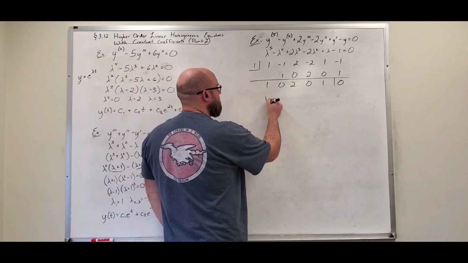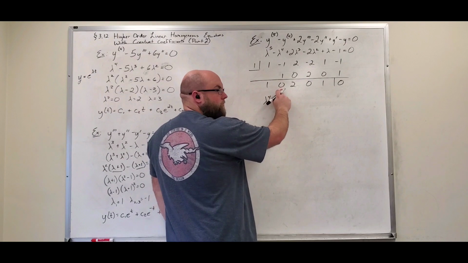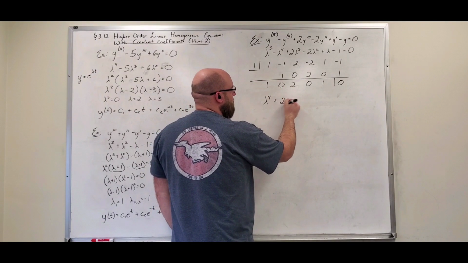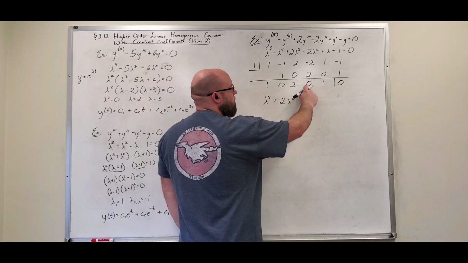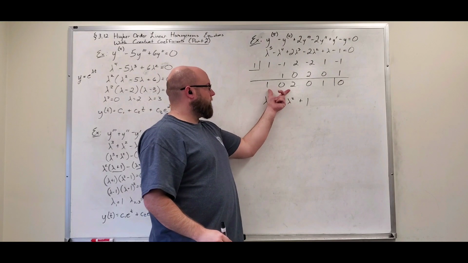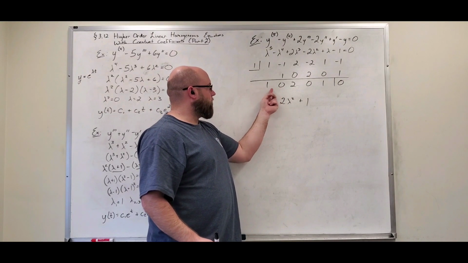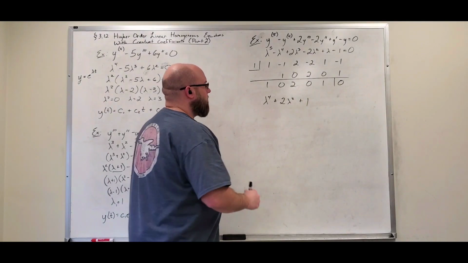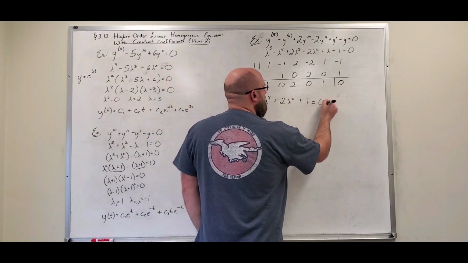So this is lambda to the fourth, 0 lambda cubed, 2 lambda squared, 0 lambda plus 1. So this is coming from these coefficients. Again, this is the fourth power, third, second, first, 0 power. Okay? We still want this to equal 0.